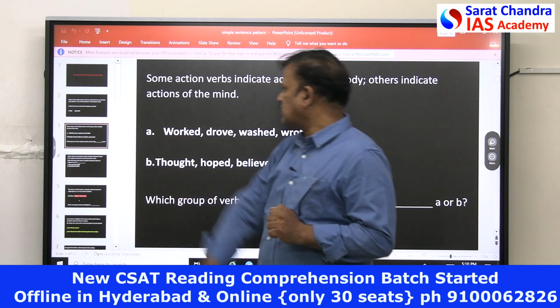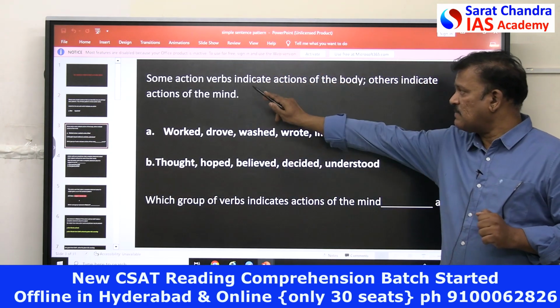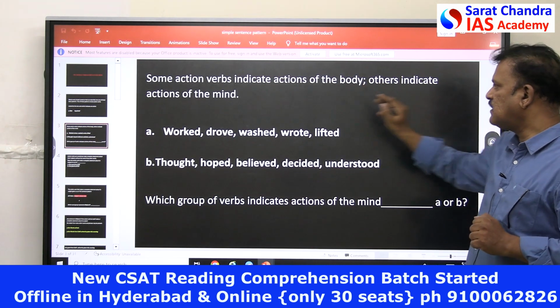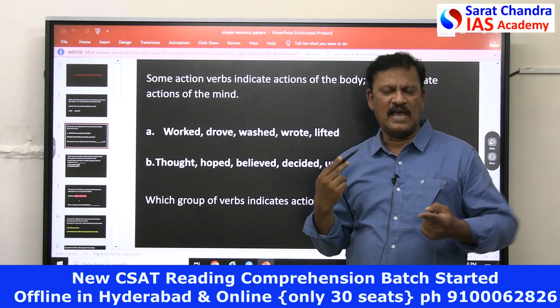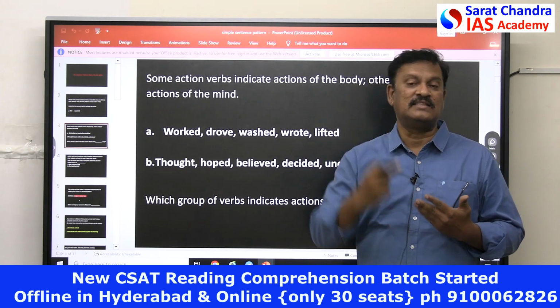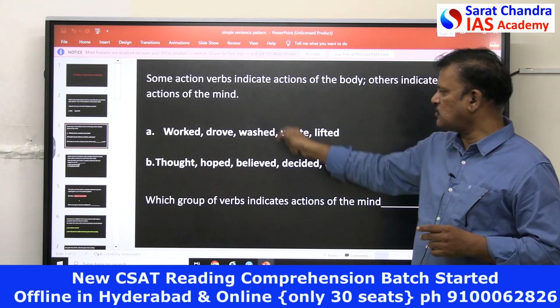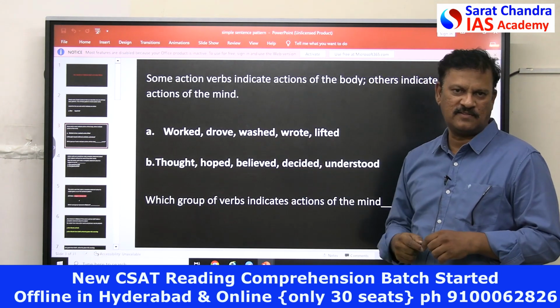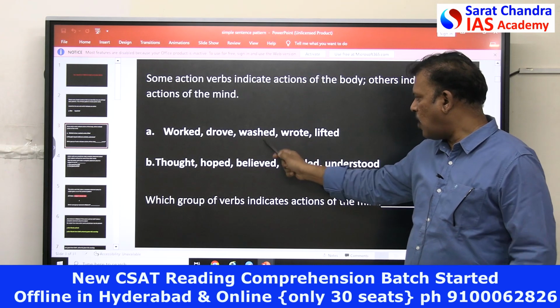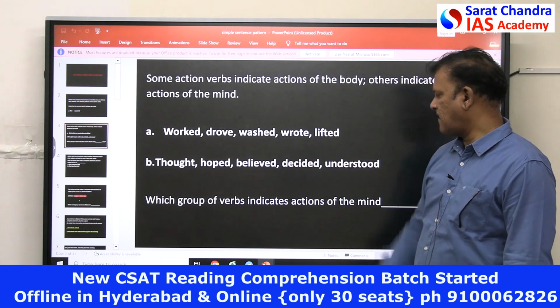Now look at this. Some action verbs indicate actions of the body, others indicate actions of the mind. Action doesn't mean that I always see that action. Maybe I'll think about that action too. Look at these two sets of words. These are all actions: worked, drove, washed, wrote, lifted.